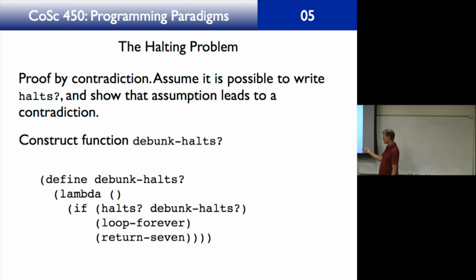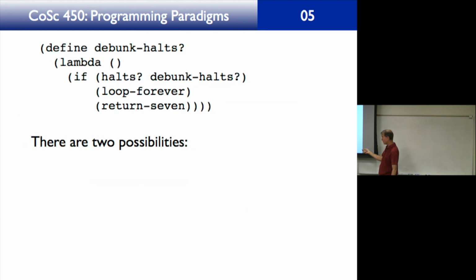Do you see? There's halts. We're assuming that we can do it. We'll put it in there in debunk halts. Okay. So now there are two possibilities. Now check this out. What's going to happen when we run this?